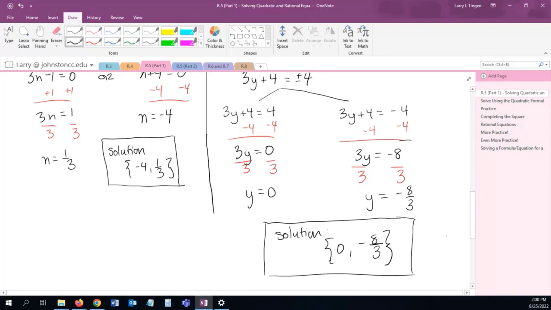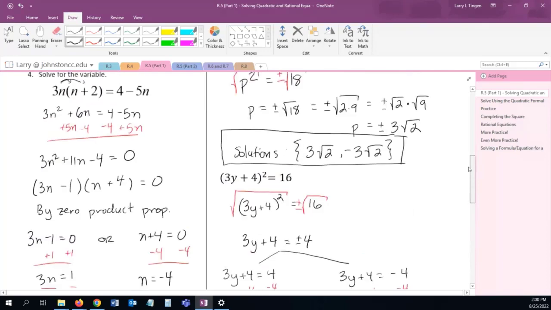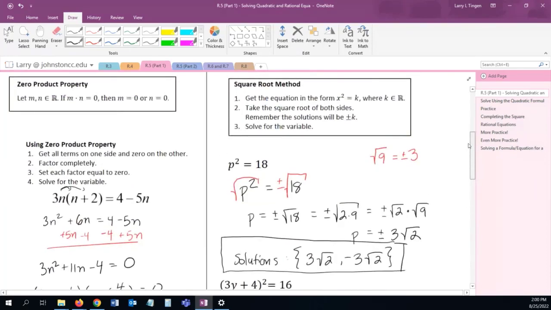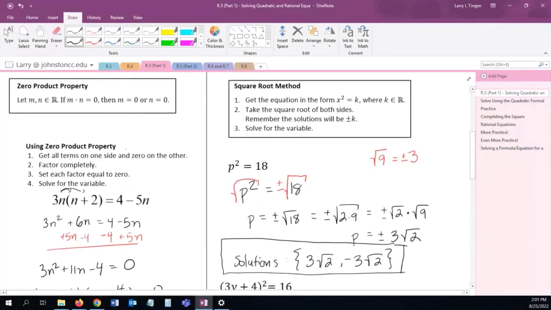Okay, so that's how to use factoring and the zero product principle, and how to use the square root principle. Most of the time, we don't actually write out the zero product principle. We just call this factoring, but you're doing two steps there.